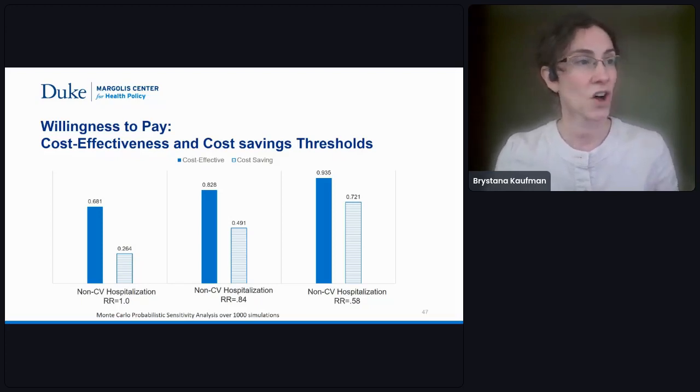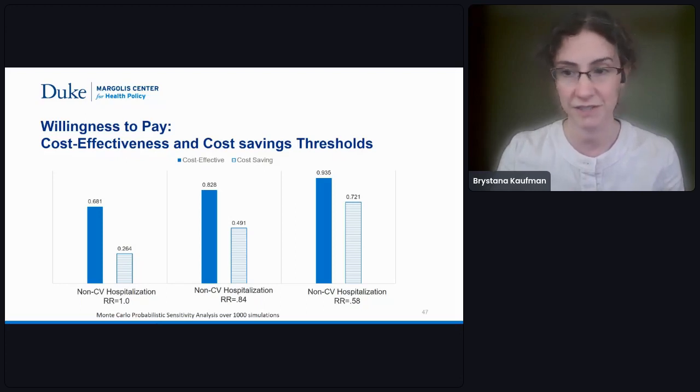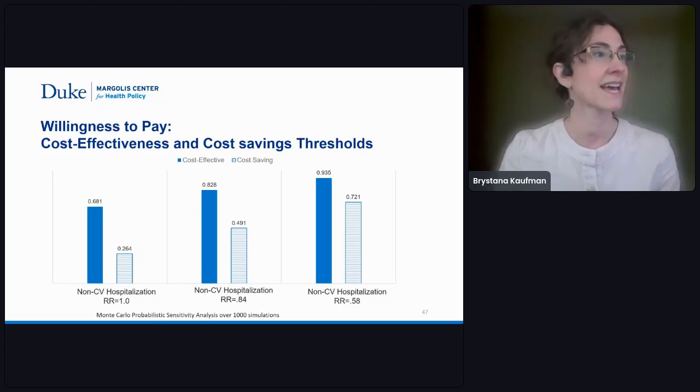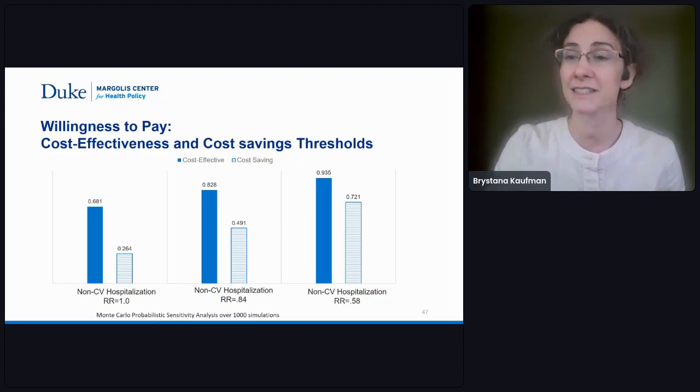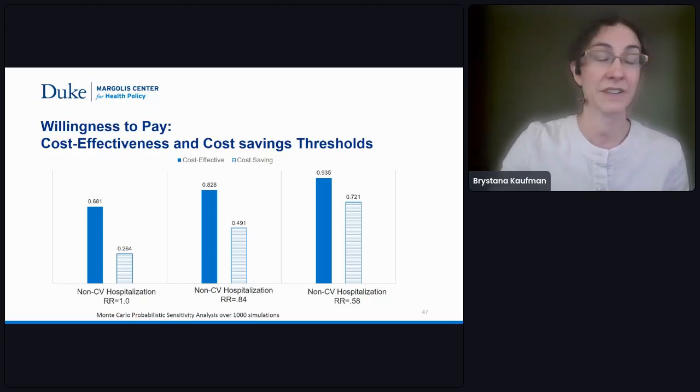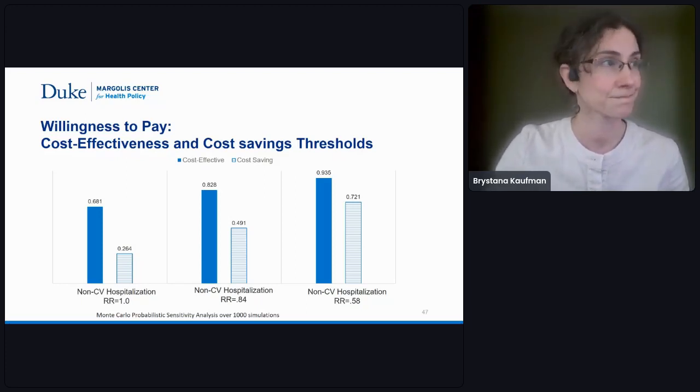But across all of these scenarios, we find very high probabilities of cost effectiveness, very high value service, and the potential for cost savings. And the potential for cost savings increases with the prevention of hospitalizations.